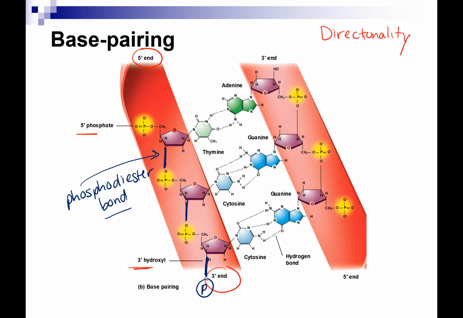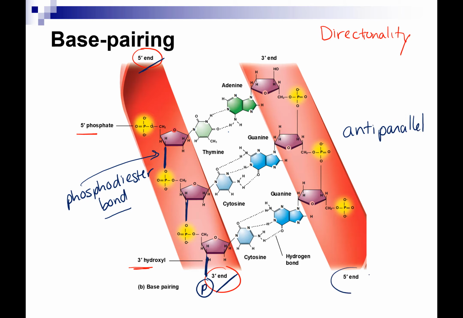Okay. So when you're looking at a structure of DNA, you always look for the phosphate, that is the 5' end, and you look for the lone sugar, that is the 3' end. What I want you to see now is that the other strand is what we call anti-parallel.